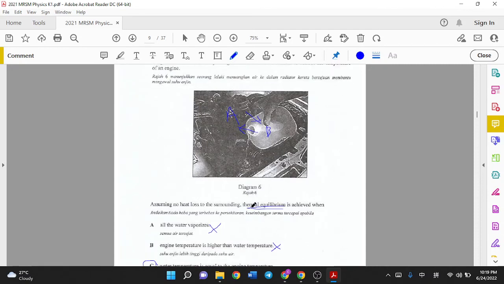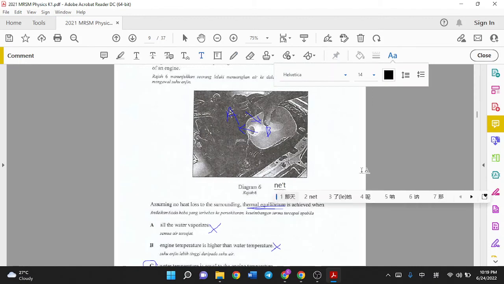This is what thermal equilibrium means. So the keywords for thermal equilibrium are: first, net heat transfer equals 0, and the temperature is the same, so the rate of heat transfer is the same.